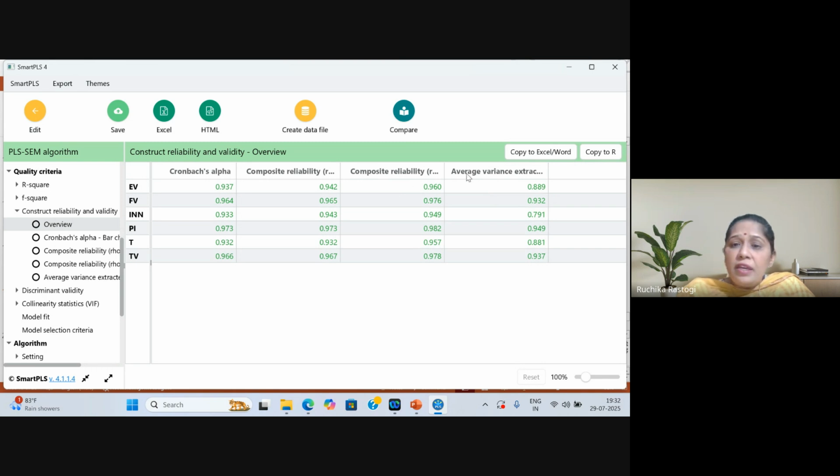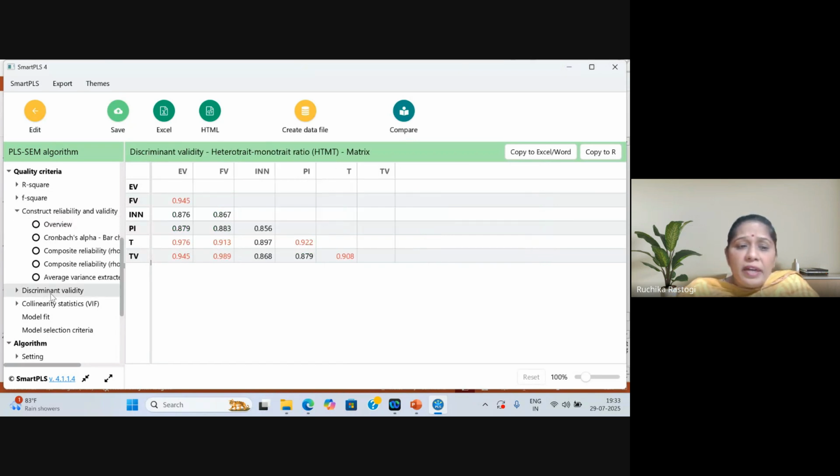But if the values of AVE and CR are coming very high, that means all the questions are highly correlated with each other, and there is a chance that collinearity issues can also be there. So remove one or two questions and then the composite reliability and AVE will come down.